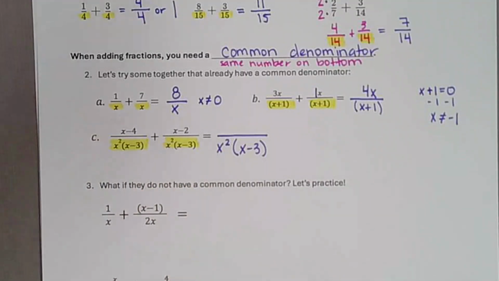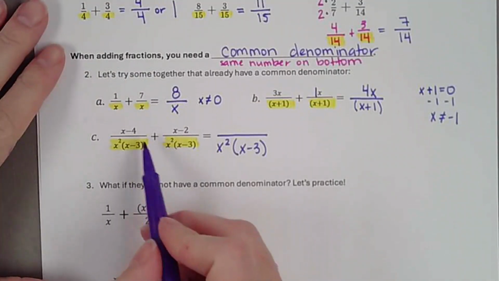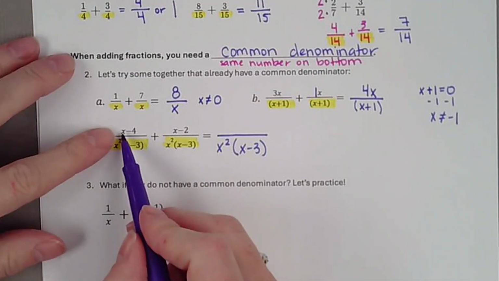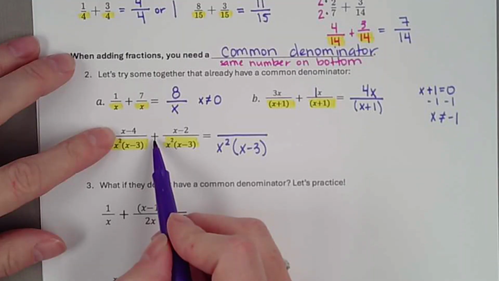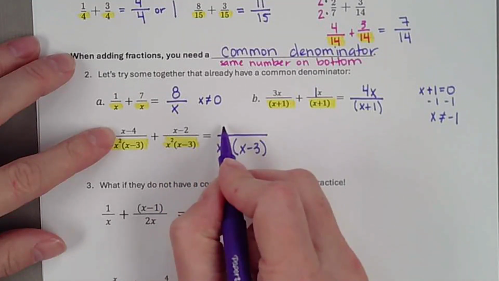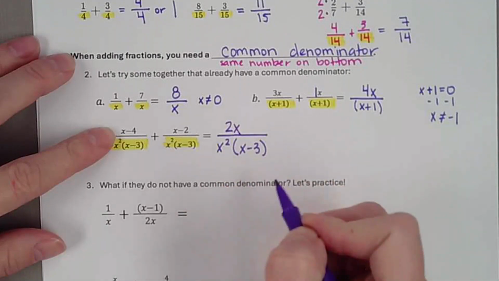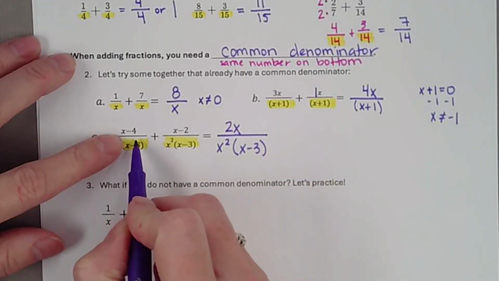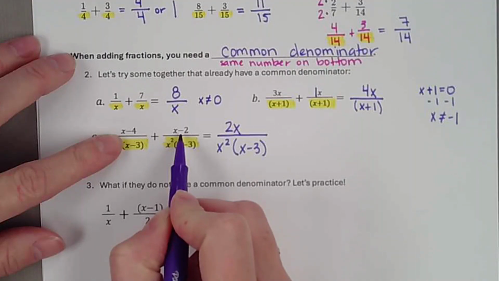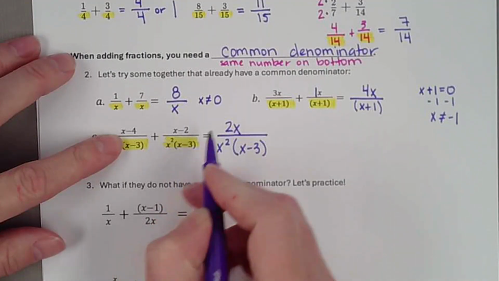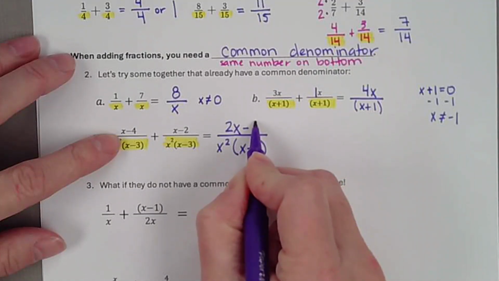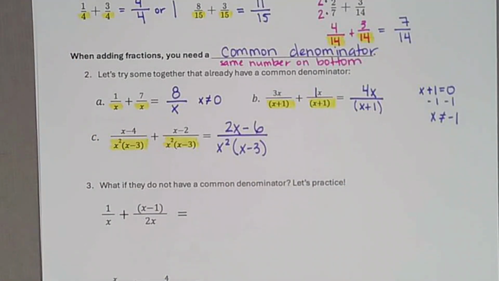I don't add the denominators together, it just stays the same as it was. But I am going to add the numbers on the top. I have an x plus another x. That can combine to make 2x. I have a -4 plus a -2. That can combine to make -6.